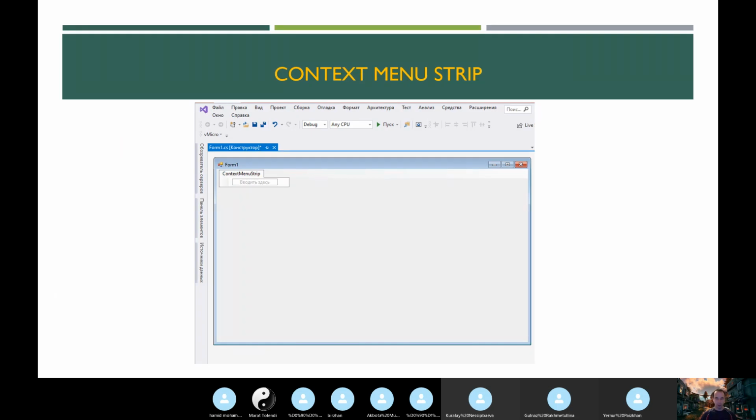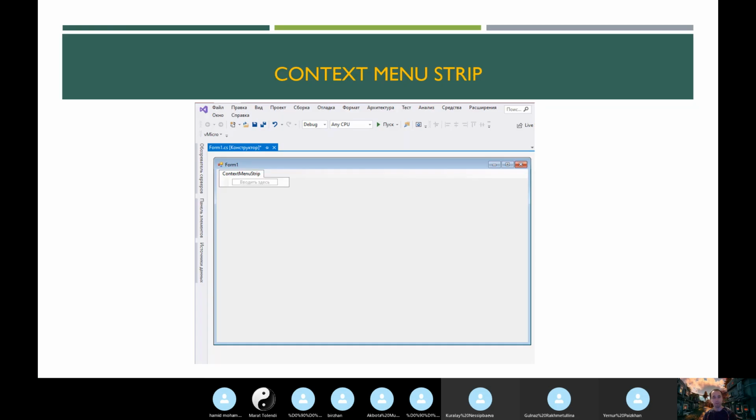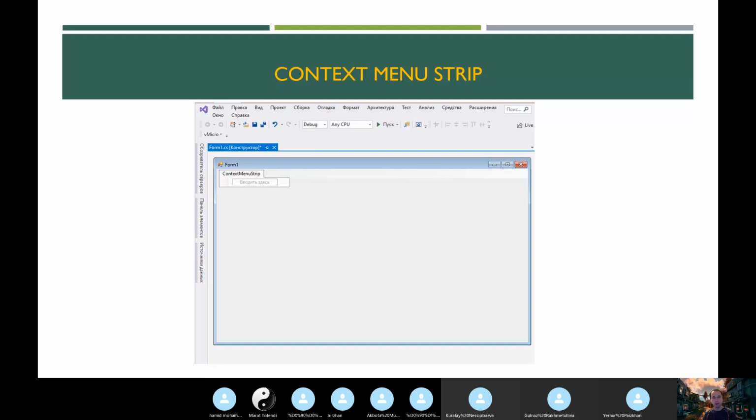So here is another example of the context menu strip. When I have the paint application, I add some elements to it. So this context menu strip.